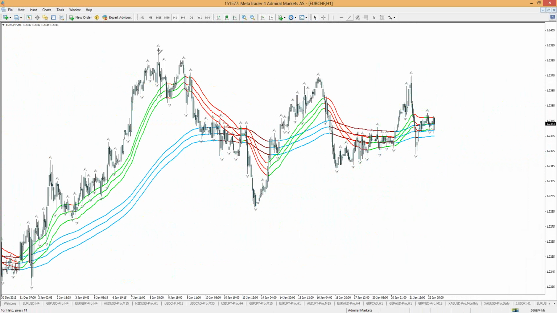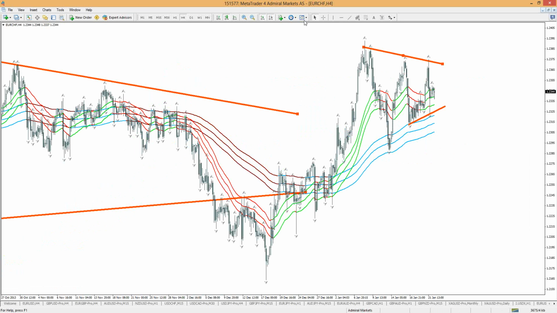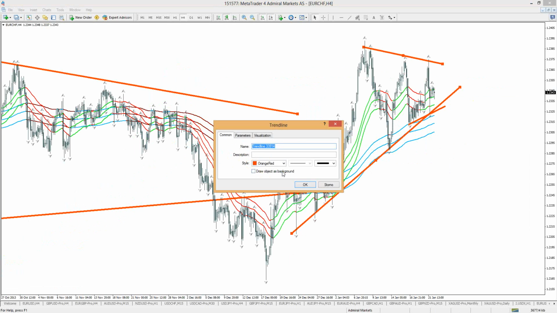So consolidation here and a potential consolidation like this. We can even put a trend line like that. In fact, that's a support trend line.